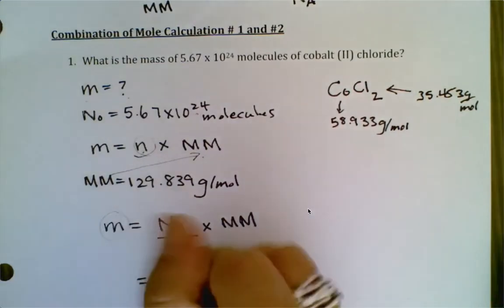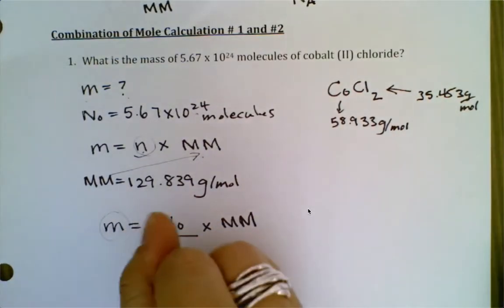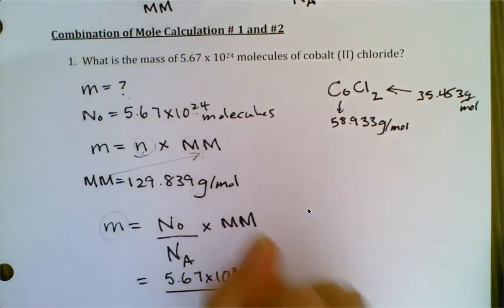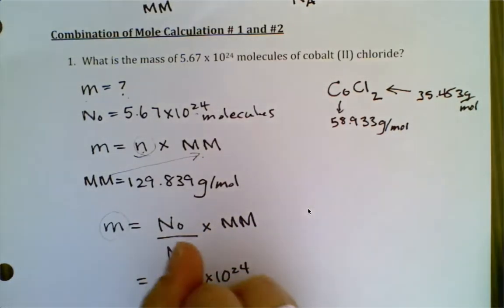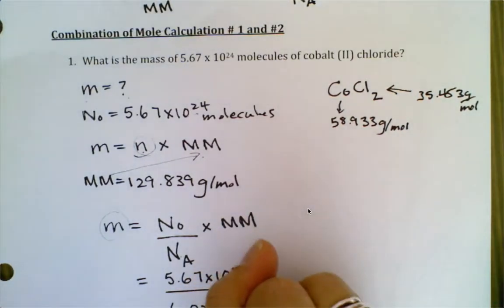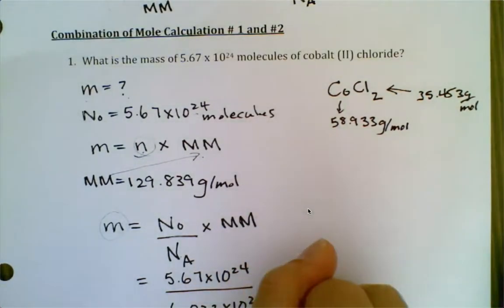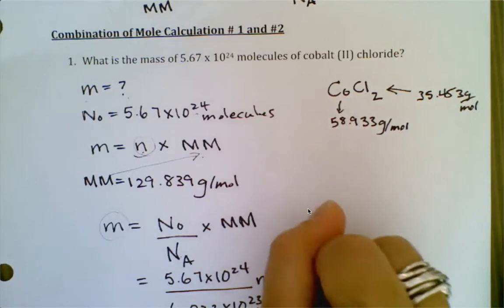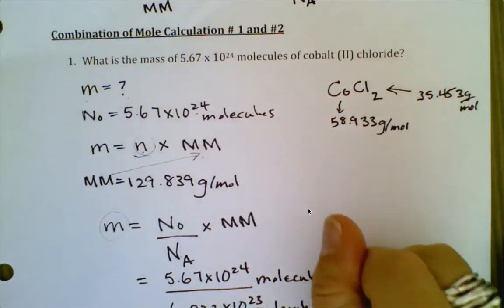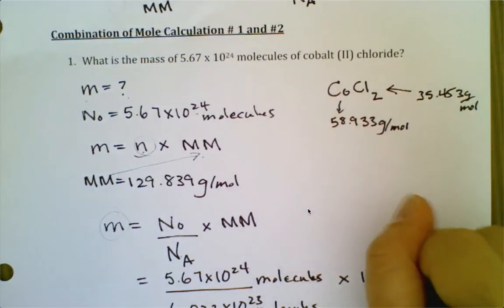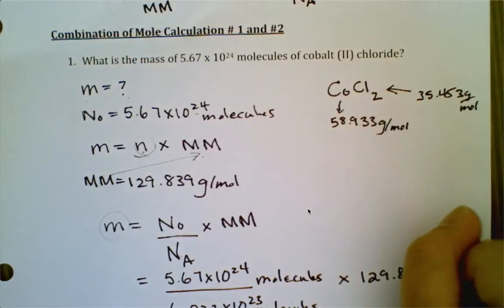So when I substitute in number of molecules, 5.67 times 10 to the 24, Avogadro's number is 6.022 times 10 to the 23. I'm just going to put my units in so you can see what ends up canceling out. We're going to multiply that by the molar mass, which is 129.839 grams per mole.